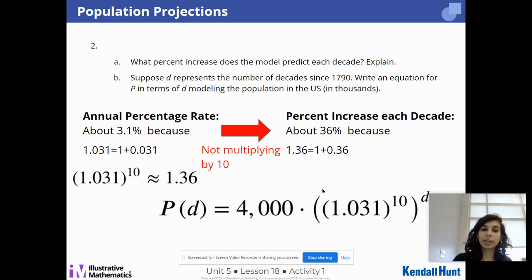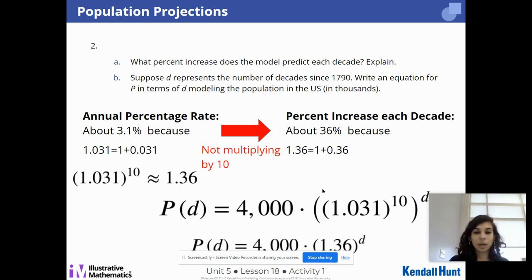What would my equation look like? P of D, where my input is decades now and my output is population. My initial value is 4,000 times 1.031 to the power of 10, which is my annual rate, to the power of 10, which is the number of years in a decade, to the power of D. If you want to represent that using our new percent increase each decade, you can use that value as well.